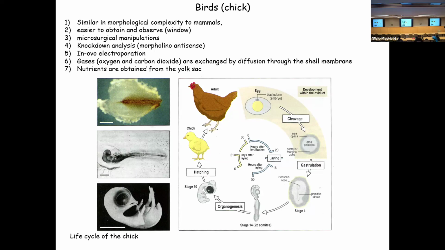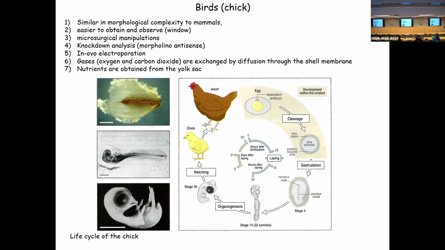For example, we can inject a beta-gal or a reporter gene into the notochord, into the somites. Then we remove the pipette. We close the window with Scotch tape and put it back into the incubator.